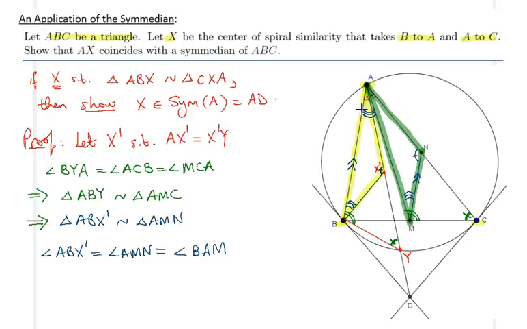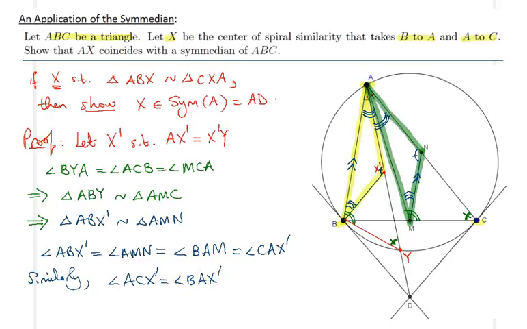But BAM is in turn equal to angle CAX prime, because that's the definition of the Symmedian line. So the Symmedian line has this property. So that's very nice. But in a similar way, you can also show that angle ACX prime is equal to angle BAX prime as well.